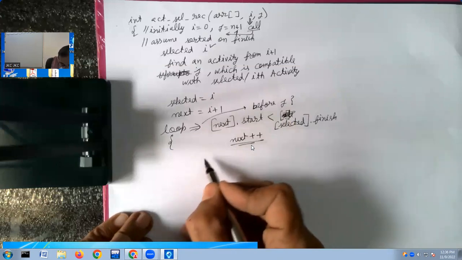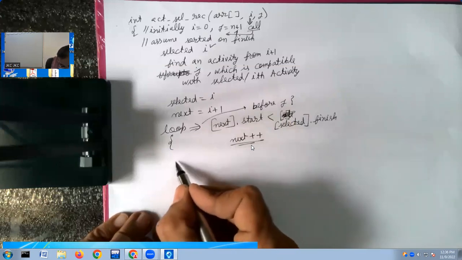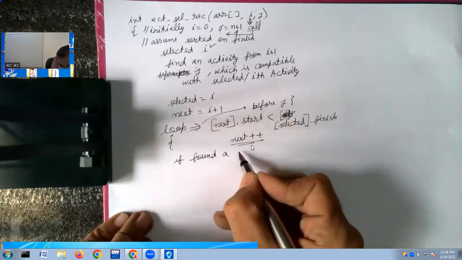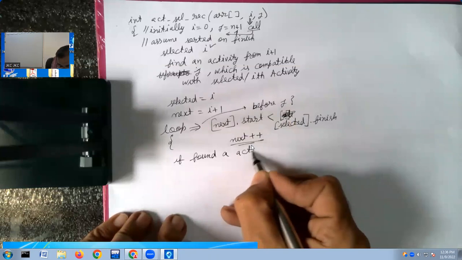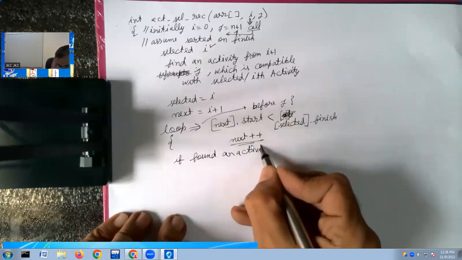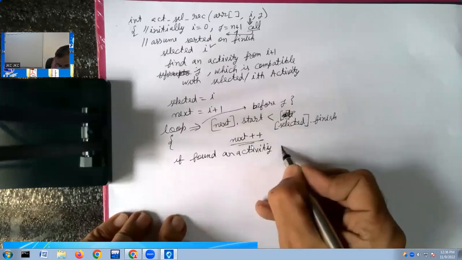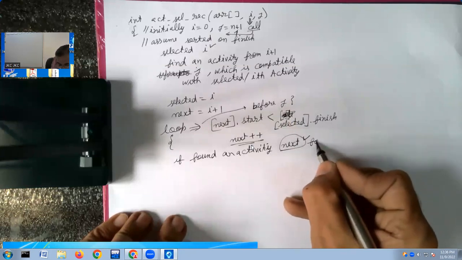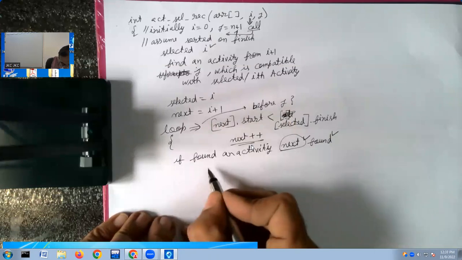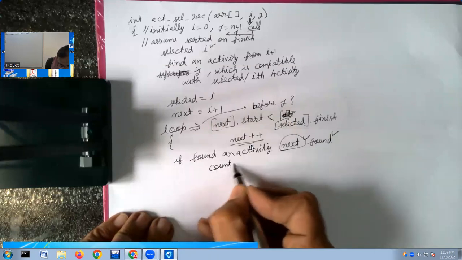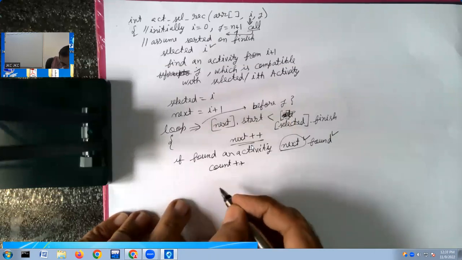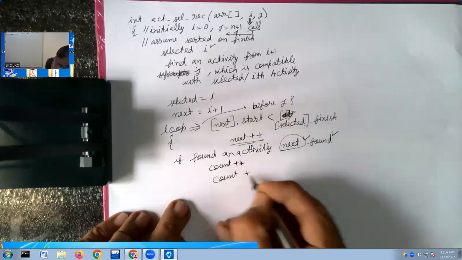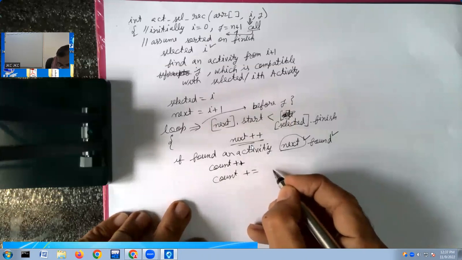And as soon as you got a job selected, if you found an activity which was compatible, that means next was found, then you will have count plus plus, and then you will have next count, or I will say count plus equal to the recursive call to be given.